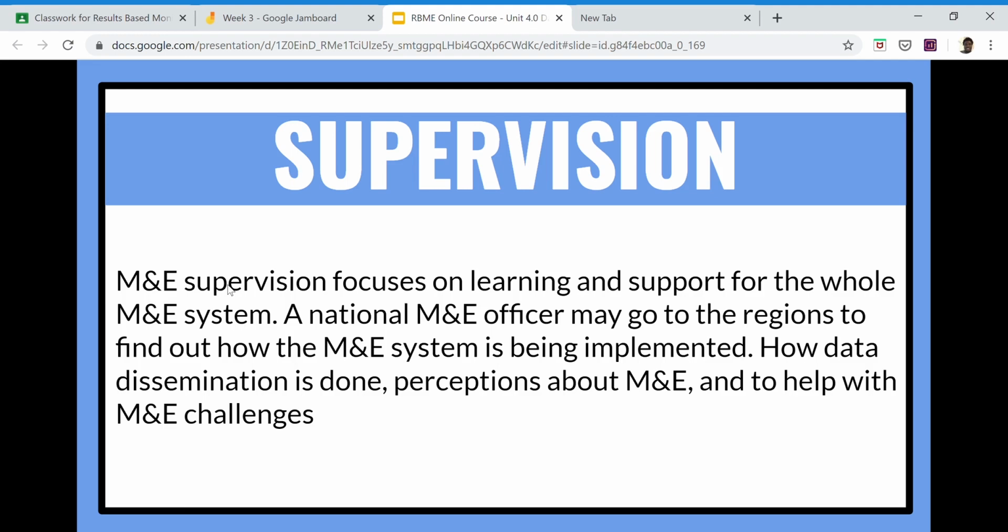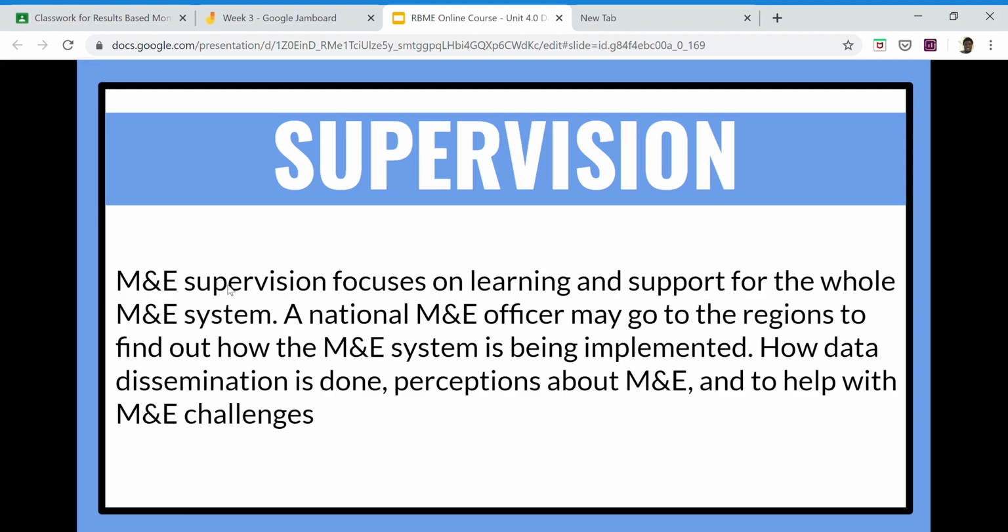If we remember, I think the second unit or the first unit in week one, we discussed the components of the M&E system, the 12 components.